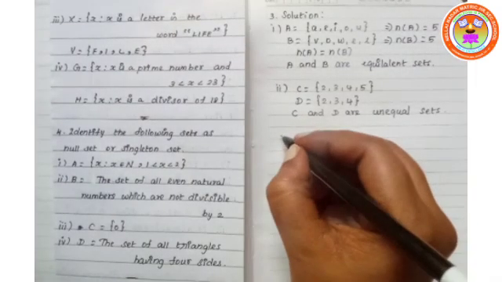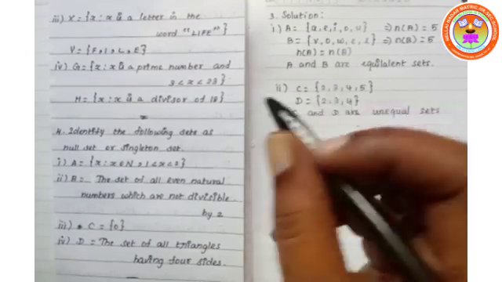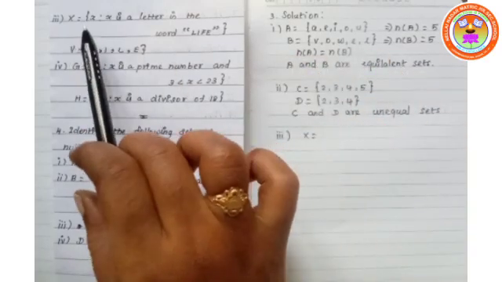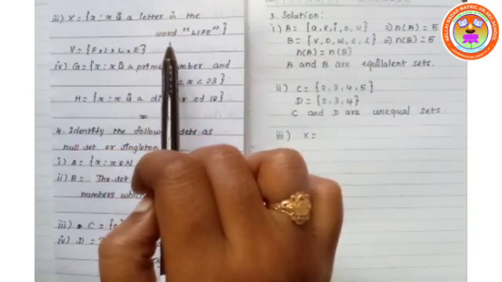Now, see the third subdivision. The set X is equal to the set of all x such that x is a letter in the word life.